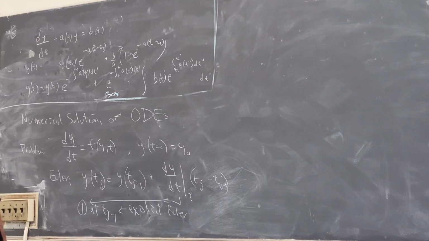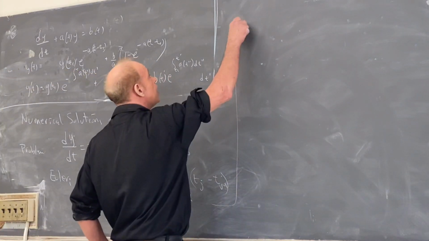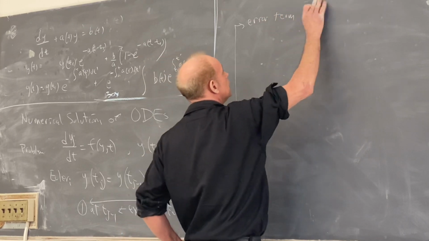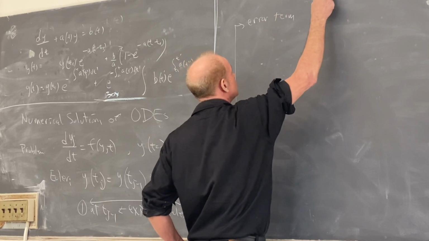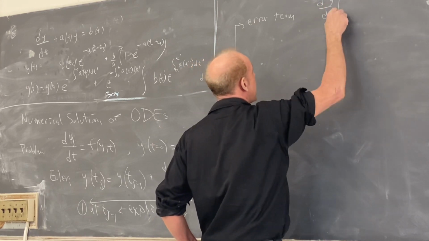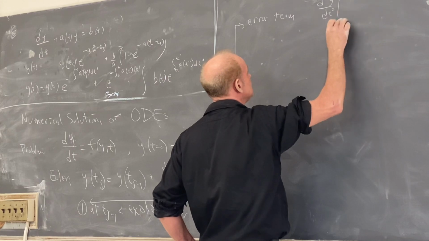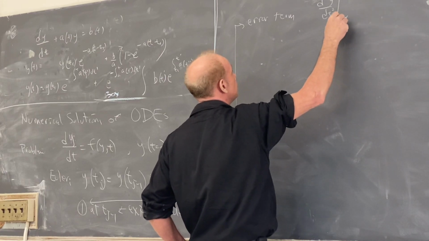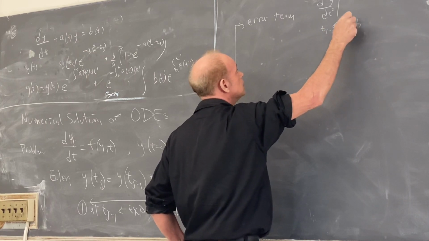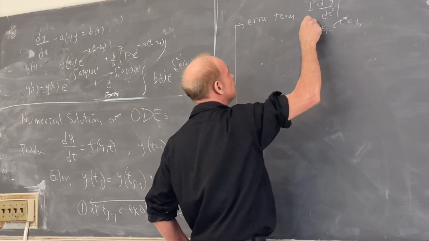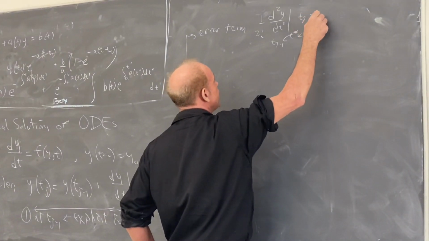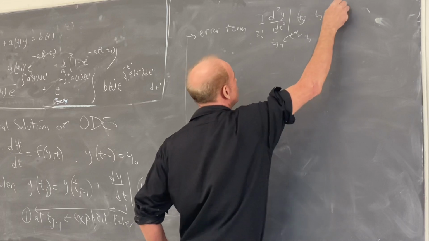The problem is, with explicit Euler, I've got an error term that is the second derivative at some value t star, somewhere between tj minus 1 and tj, times 1 over 2 factorial, times tj minus tj minus 1 squared.